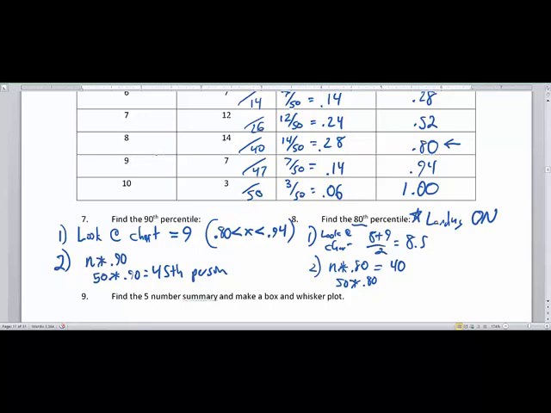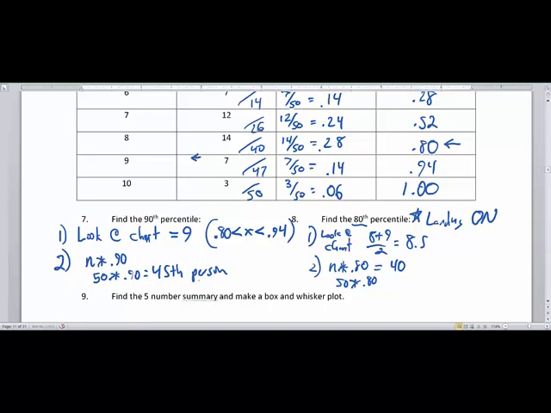It'd be kind of like between the two, because you can see that the 40th person would be right there at the 9. So there's a little bit of debate to be had about this technique that I'm showing you with the n times the 80. In fact, you're going to see a formula on the next page where they add a half to it, and you'll never run into this kind of looking at the chart complication again.